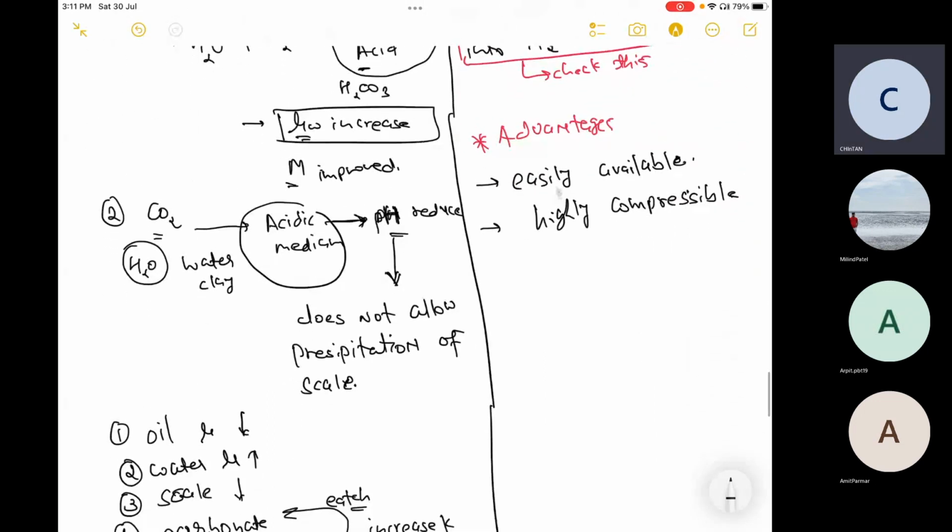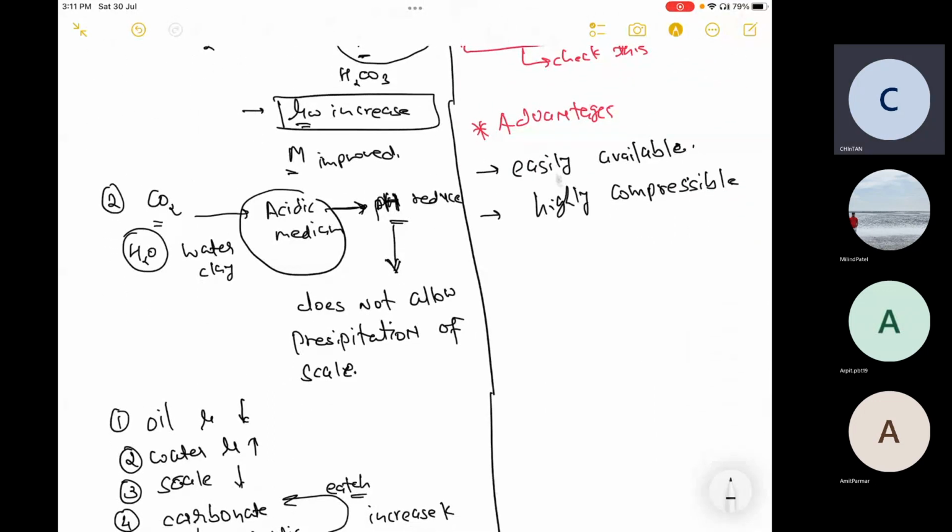If it is highly compressible, then whatever volume we are measuring, we measure at the surface condition only.